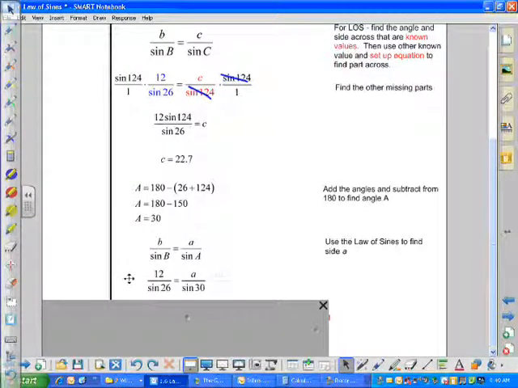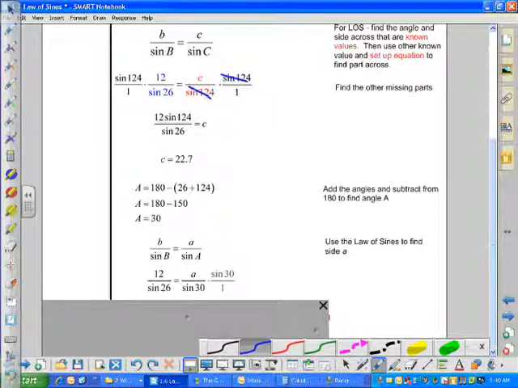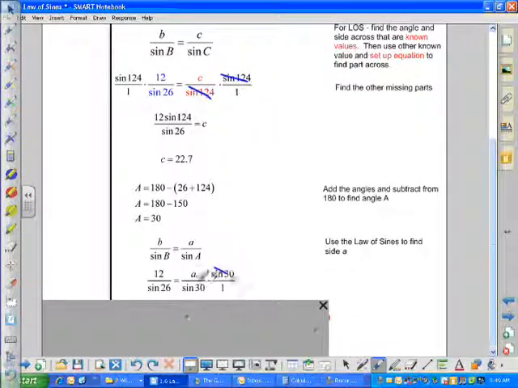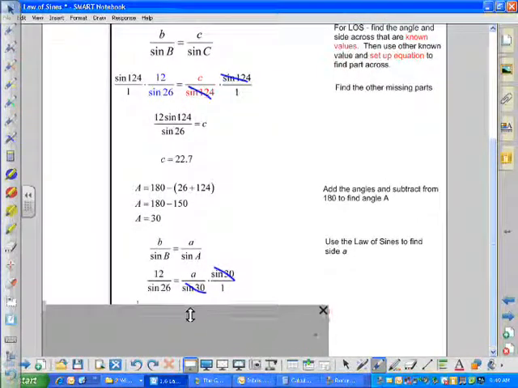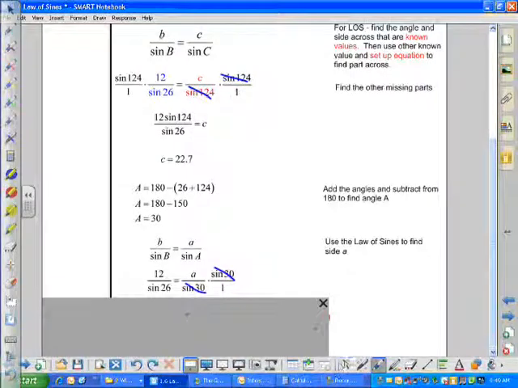We're going to solve for A by multiplying both sides by sine 30 over 1. That's going to clear that fraction for us, and these are going to divide to 1, so that's awesome. Then all we have to do is simplify.